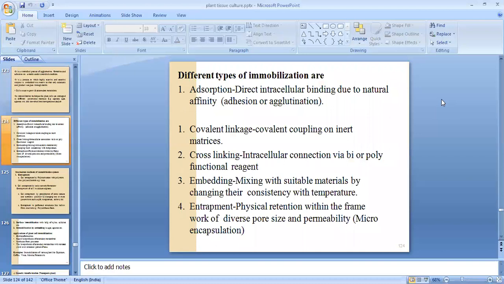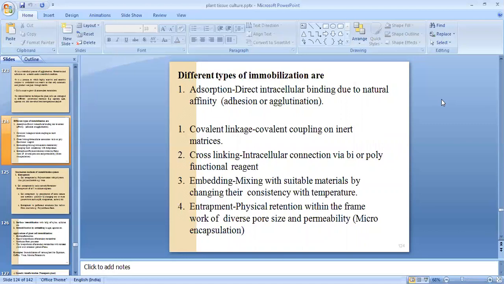And there are different types of immobilization. They are adsorption, which is nothing but direct intracellular binding due to natural affinity. The second one is cross-linking, that is covalent coupling on an inert matrix, and cross-linking, that is intracellular connection via bi- or polyfunctional reagents.